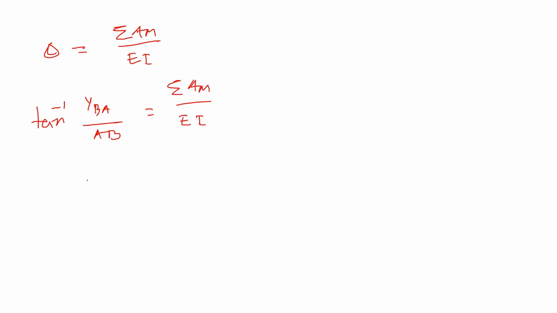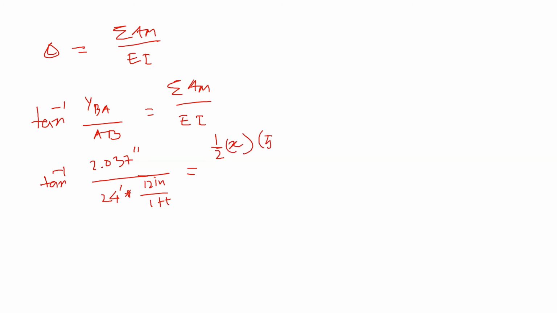So theta BA was calculated tan inverse 2.037 inches divided by AB, which was 24 foot times 12 inches per foot, is equal to the moment from x distance, area under the curve, which would be half times base x times the height, which is 5x, that's the moment, divided by 30,000 KSI times 228 inch to the power 4.